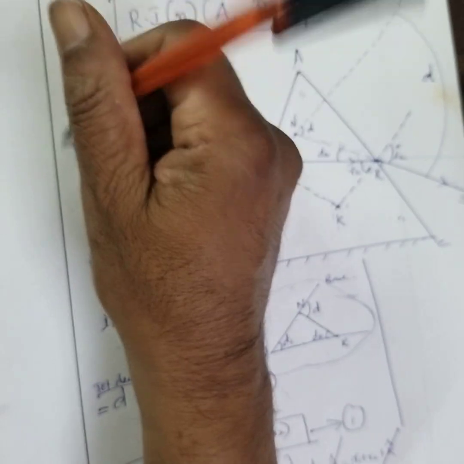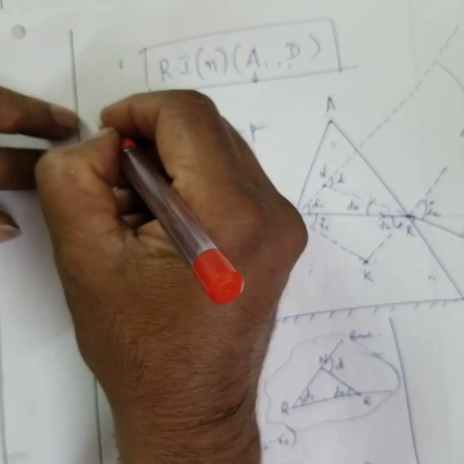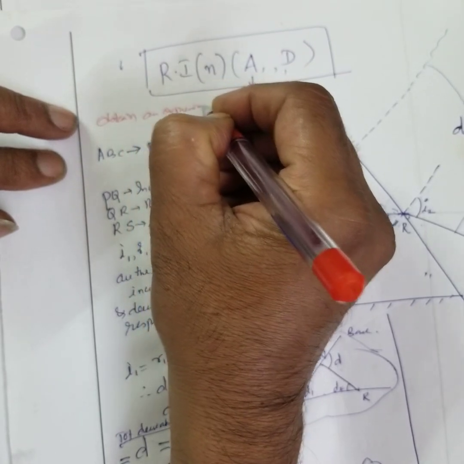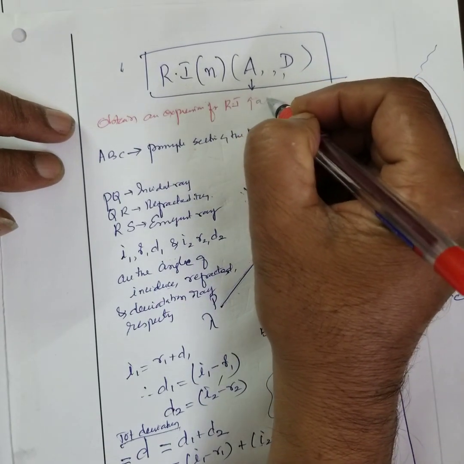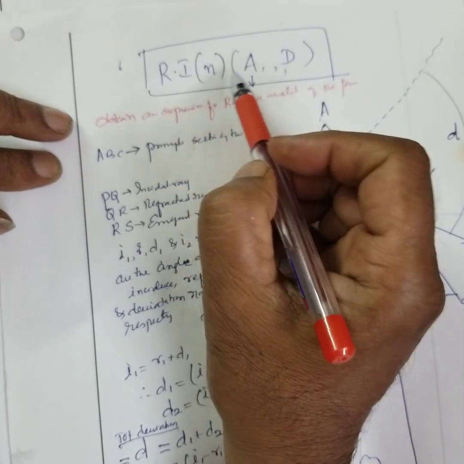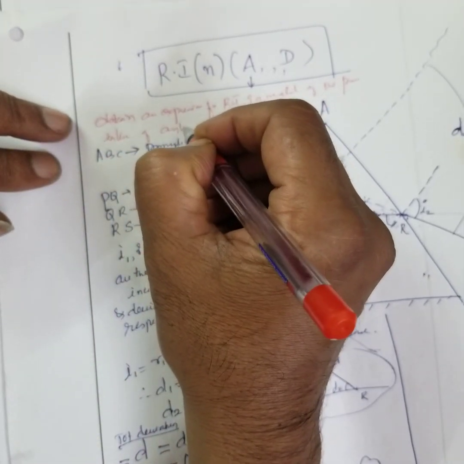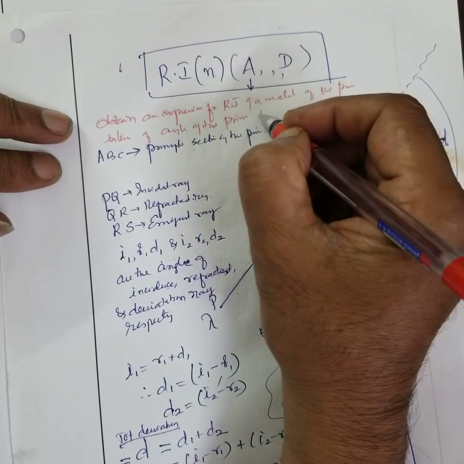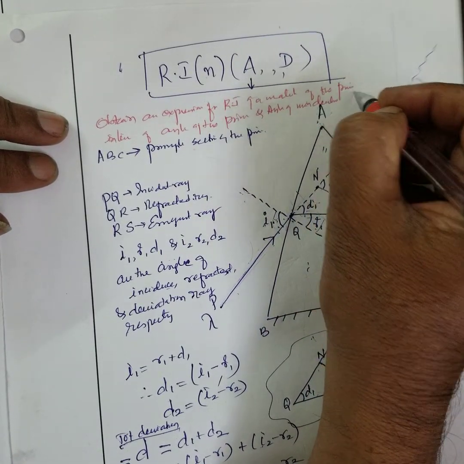They may ask you: obtain an expression for refractive index of the material of the prism in terms of angle of the prism and angle of minimum deviation.